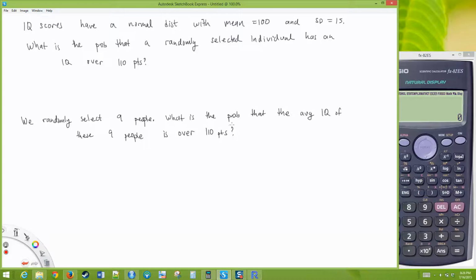So let's take a look here. The first one is just a regular old normal model problem, where we have a mean of 100 and we want to know the probability of being at 110 or higher. So z is equal to 110 minus 100 over 15, which is 10 over 15, and I get a z-score of 0.66666, which I'm going to round off to 0.67.